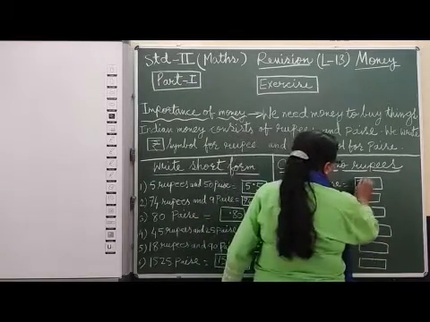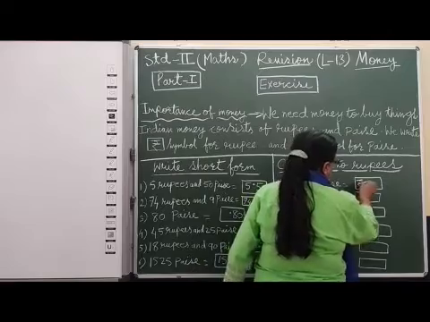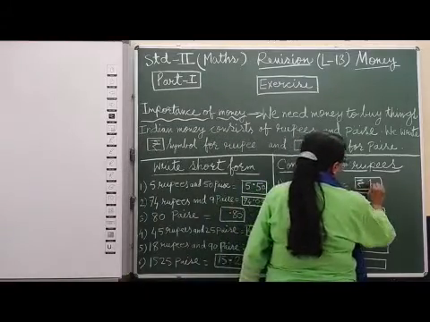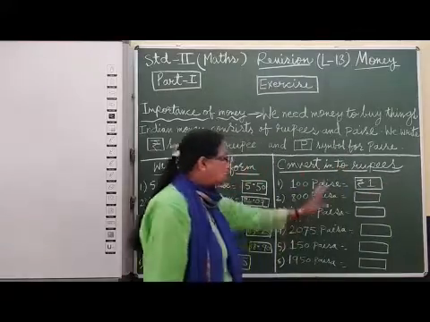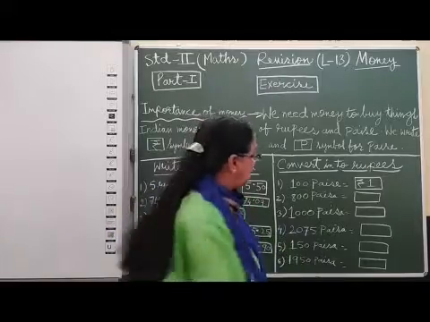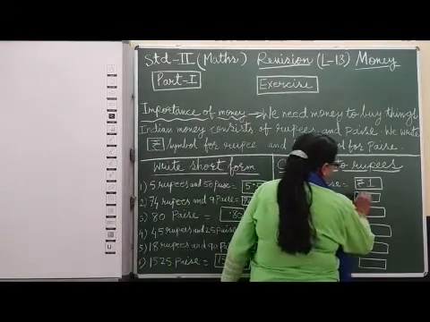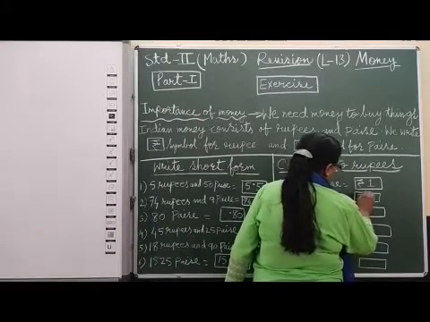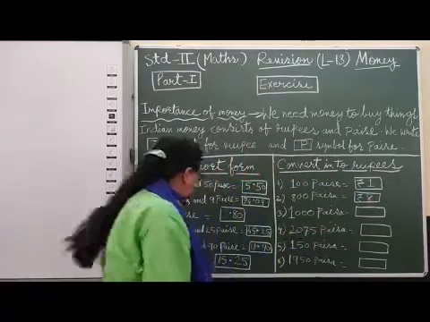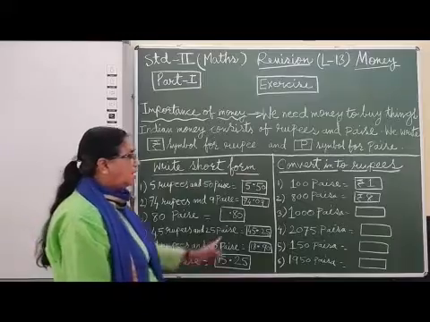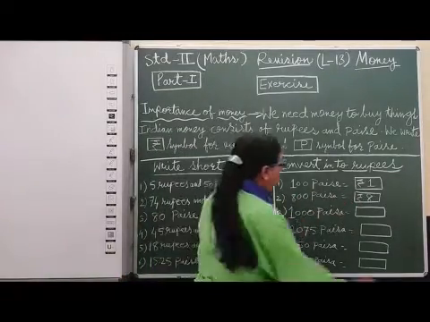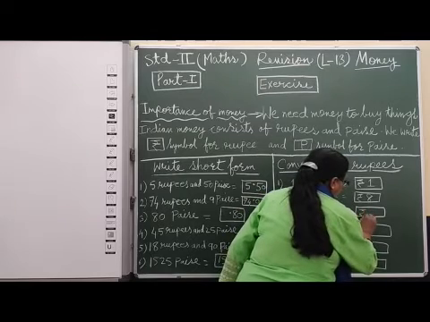You have to put the rupee sign everywhere. 100 paise is equal to 1 rupee. 800 paise: if 100 paise is equal to 1 rupee, 800 paise is equal to 8 rupees. So we write here 8 rupees. 1000 paise: if 100 paise is equal to 1 rupee, 1000 paise is equal to 10 rupees.